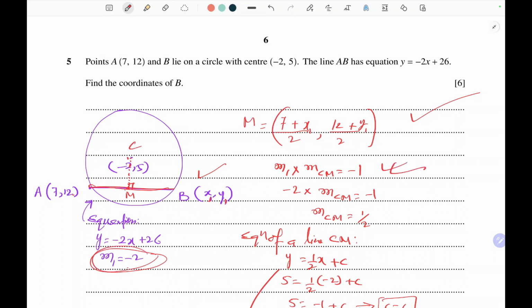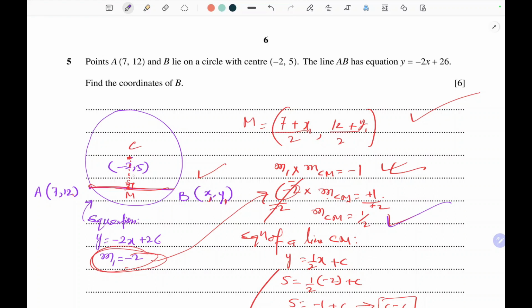So m1 is -2, which we get from here, and the gradient of CM we don't have, so -2 times the gradient of CM is -1. So you can divide by -2 on both sides, and we got the gradient of CM as half.